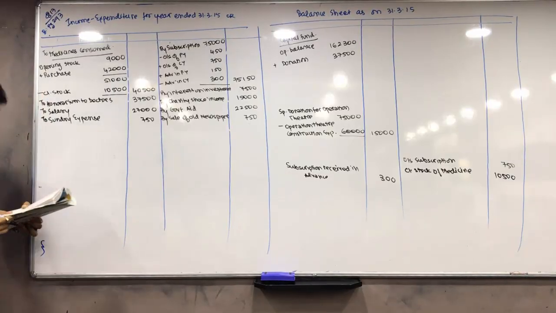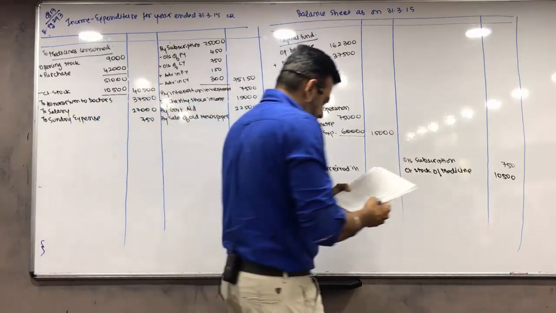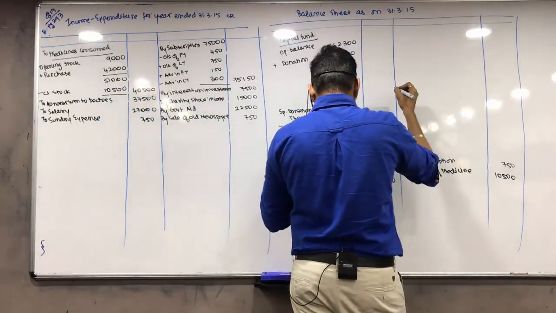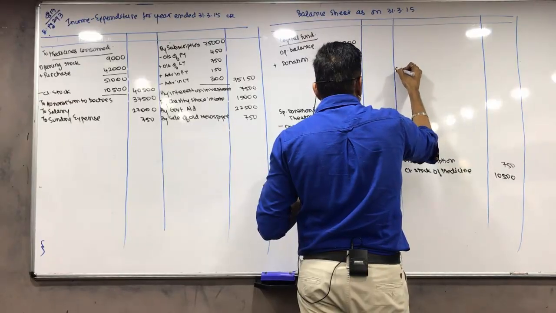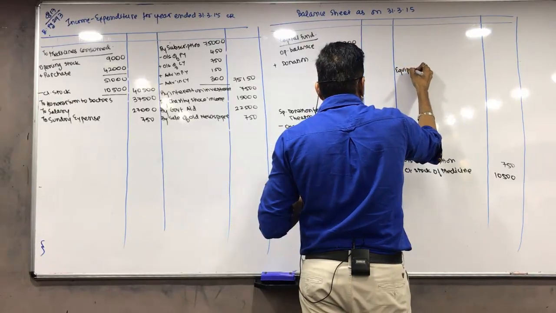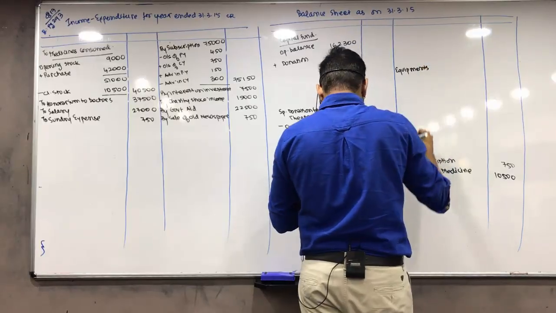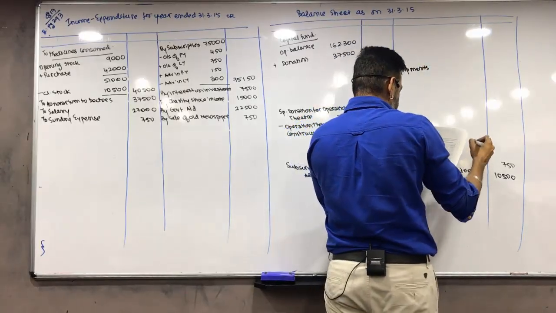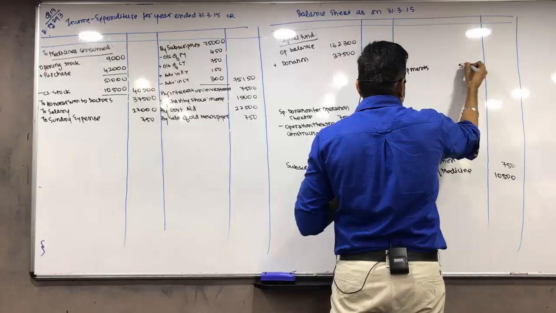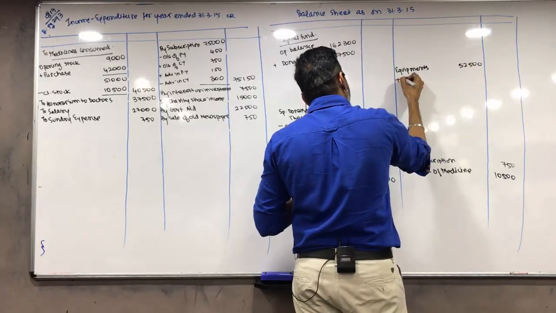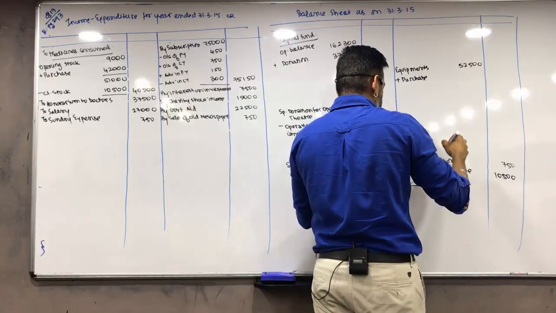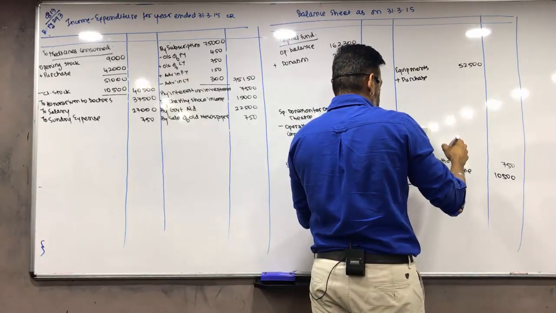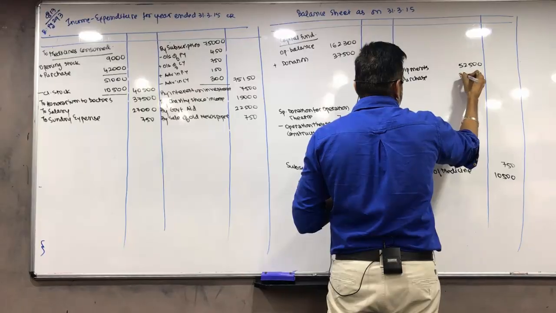Equipment purchase. So let's go for it. We have equipment. Leave around 3 lines blank. Equipment: we had opening 52,500, plus purchase 33,000.